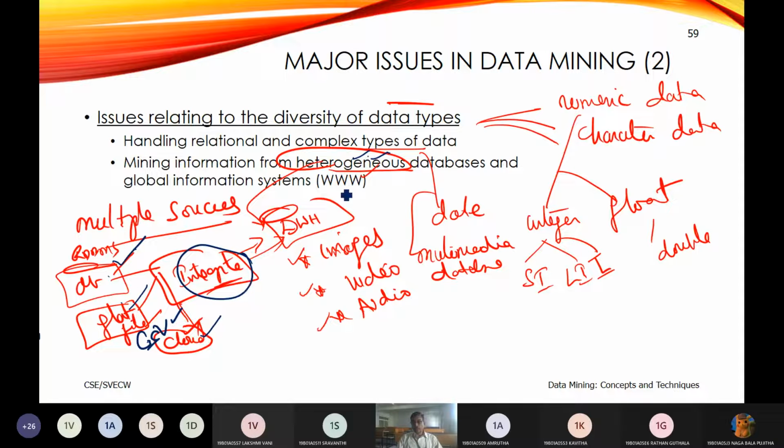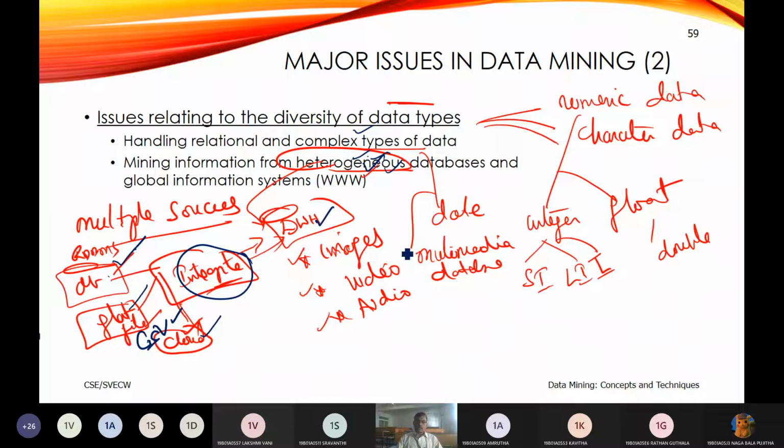Bringing it together, we are going to call heterogeneity, because we are taking it from different sources and putting it into a data warehouse. This is what heterogeneity is talking about.